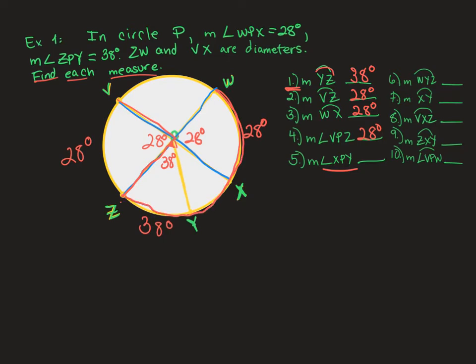We already know two of the angles, so 180 degrees minus 38 minus 28. So the measure of angle XPY is going to be 180 minus 38 minus 28, 114 degrees.